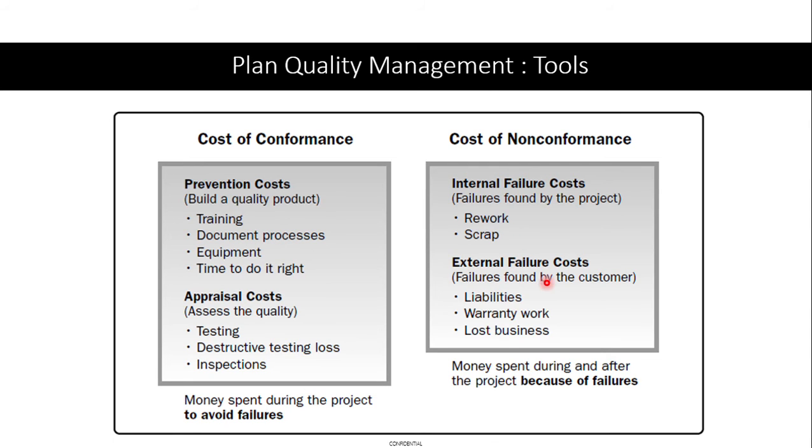External failure cost may be project liabilities. Maybe there are project delays, and you will have to pay for them as liabilities, or warranty work, or loss of business due to loss of reputation.